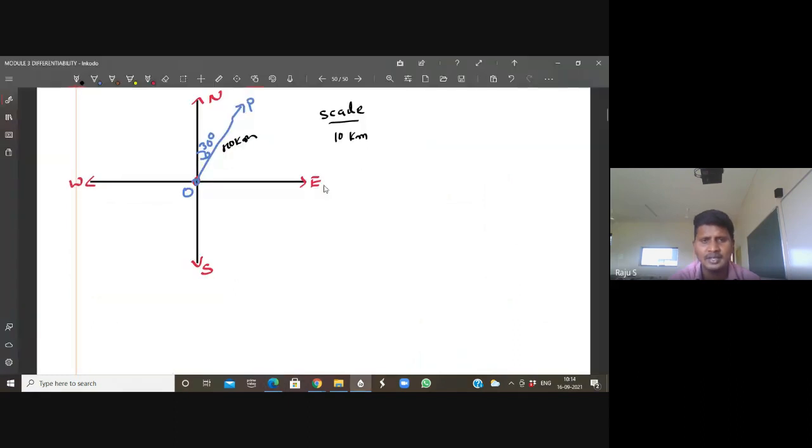First you have to take the directions east, west, north, south as they are. Don't take north in place of east. This is graphical representation of a displacement of 40 kilometers east of north.